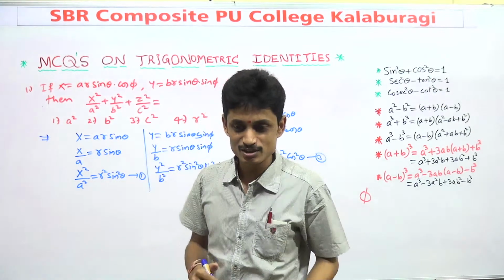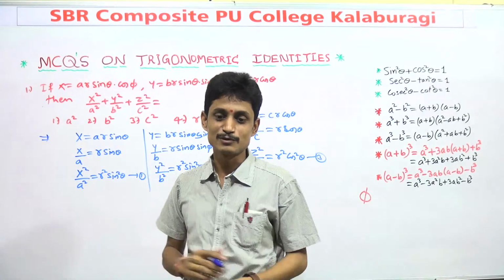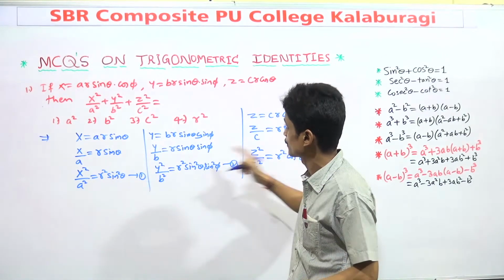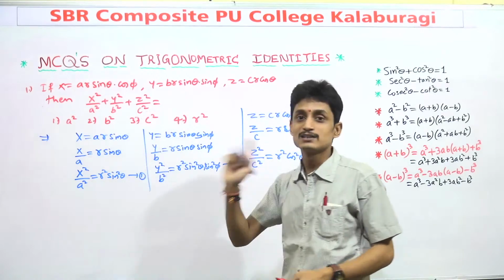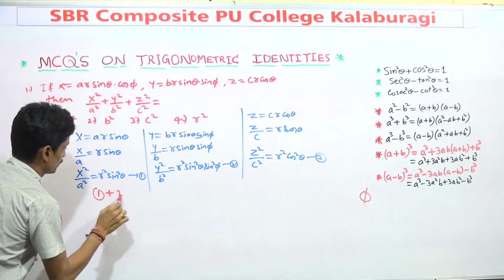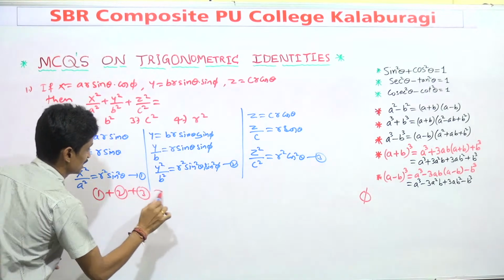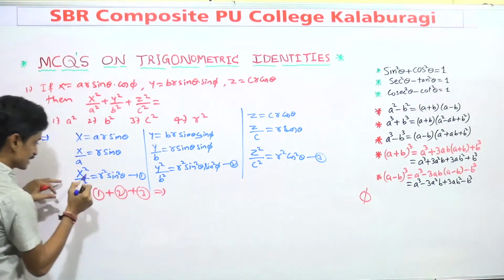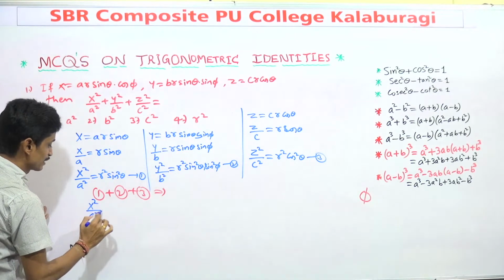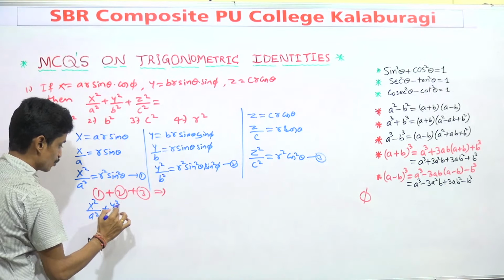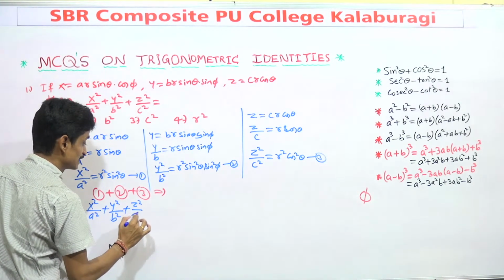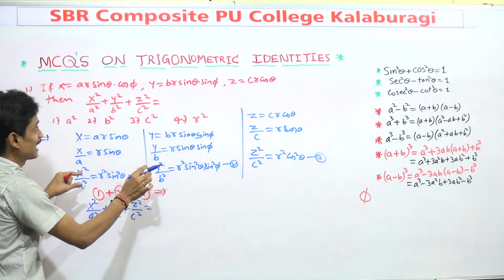Please give me the answer. Still I did not get any answer from your side. Just add these three equations, you will get the answer. So I will add equations 1 plus 2 plus 3, which implies that the LHS part of these three equations is x square by a square plus y square by b square plus z square by c square. Look at the RHS side.